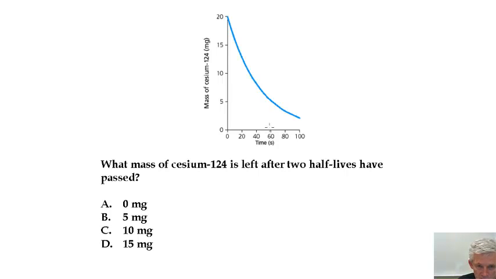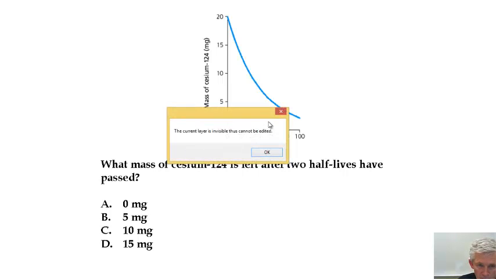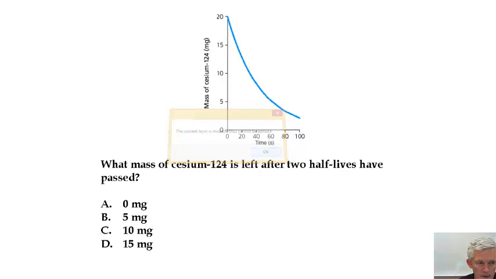So you go over to 60 seconds, follow it up to the decay curve, and then over to the mass, and you can tell that the mass of cesium left after 2 half-lives is 5 milligrams.